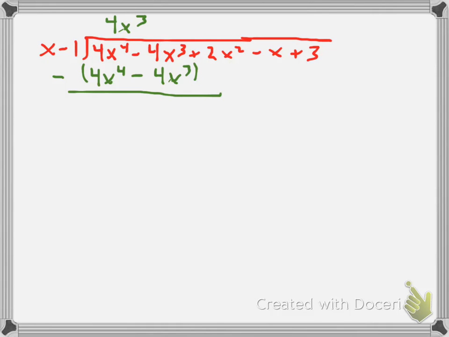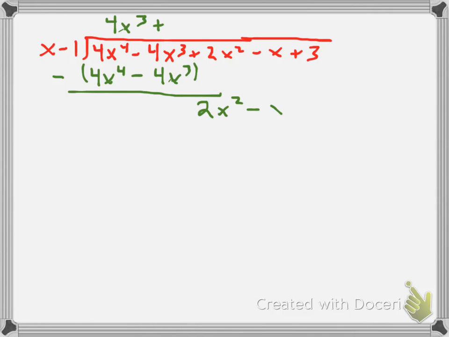So I have to bring down my next term, 2x squared. But really, since I eliminated my x cubed as well, I need to bring down two terms.